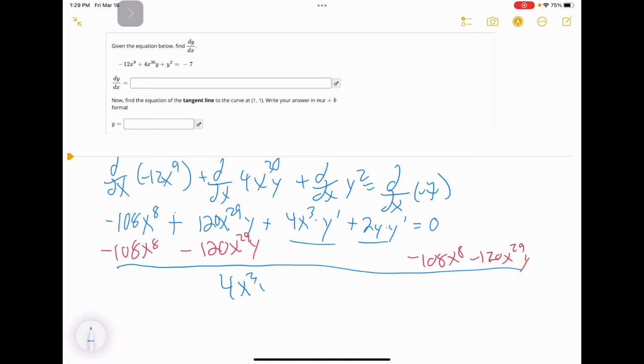And we'll end up with 4x to the 30th y prime plus 2y y prime equals negative 108 x to the 8th minus 120 x to the 29 y. From here we'll factor out the y prime.